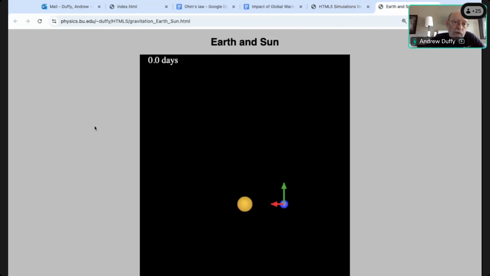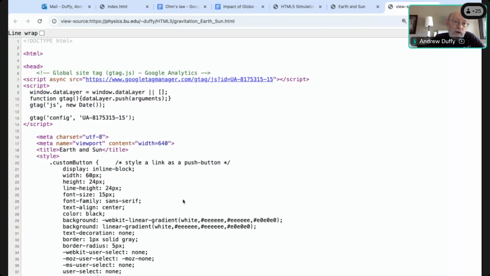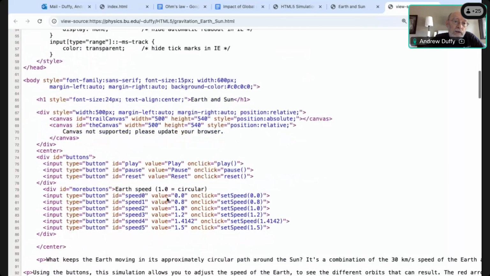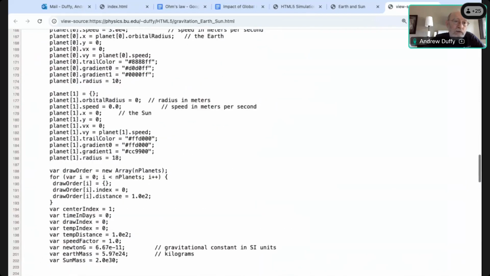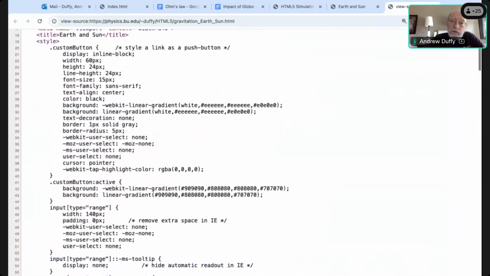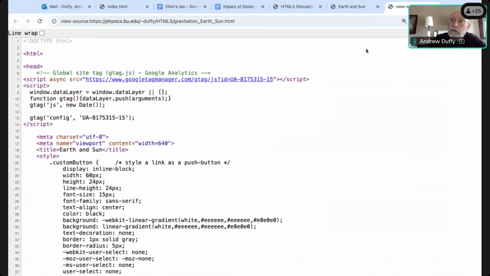If I right click on this, I can view the page source. And it'll show you the entire HTML5 code, which you can copy and paste into an editor. And so you can have that, right? So you can do whatever you like with it. You could upload that to wherever you want as a web page, and it should run.